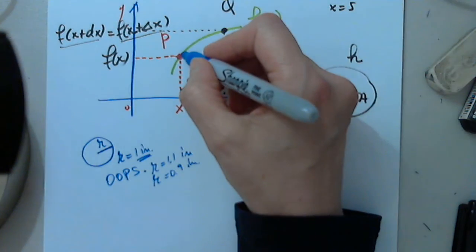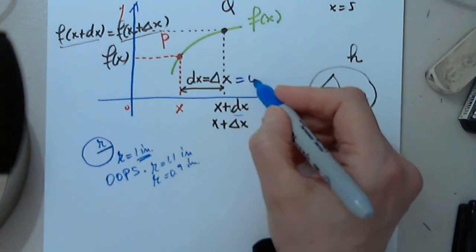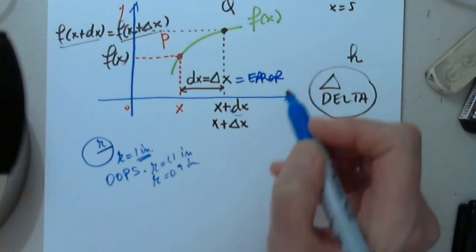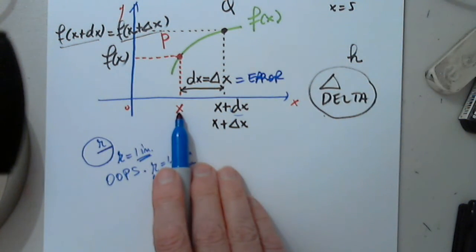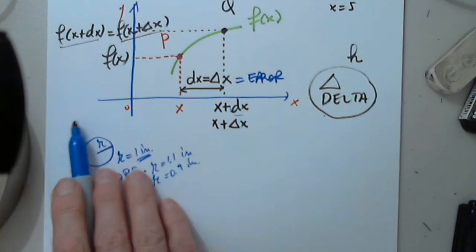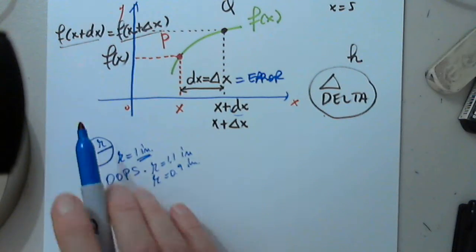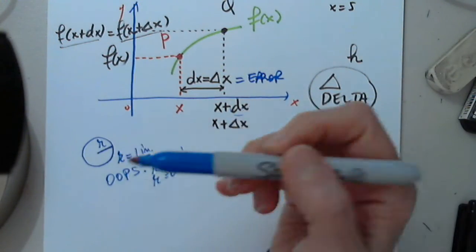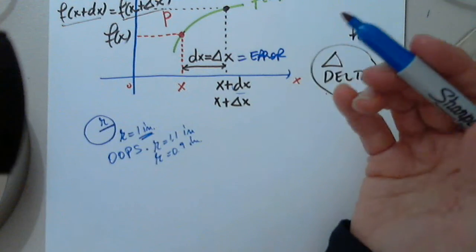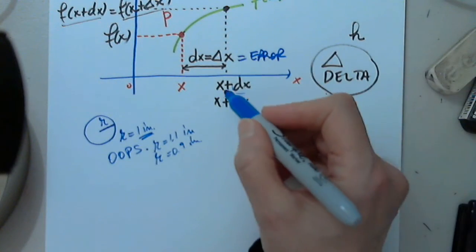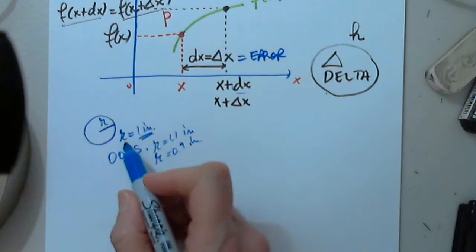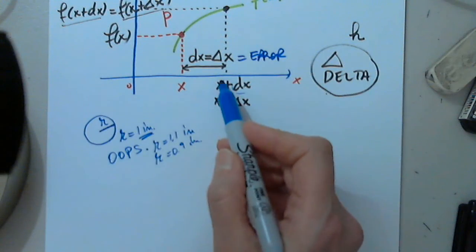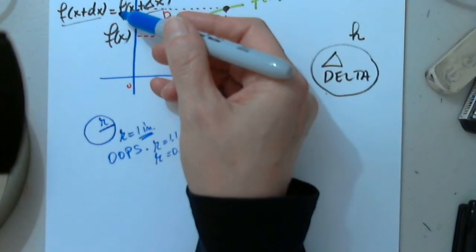Q is very close here, and this is an error. It's not x. It's x plus a little bit or minus a little bit. It could be on this side, right? So, but what is the major issue? The major issue is that this error in x creates an error in y.